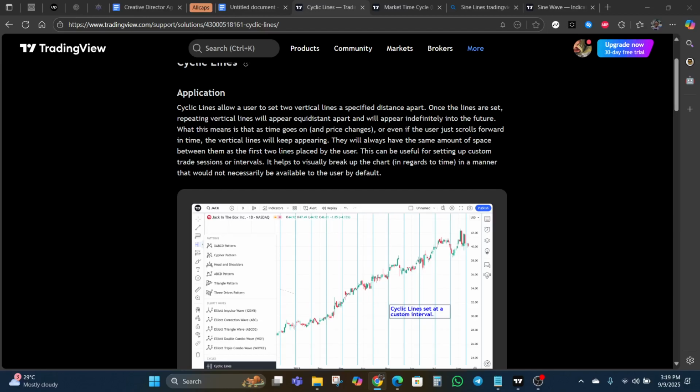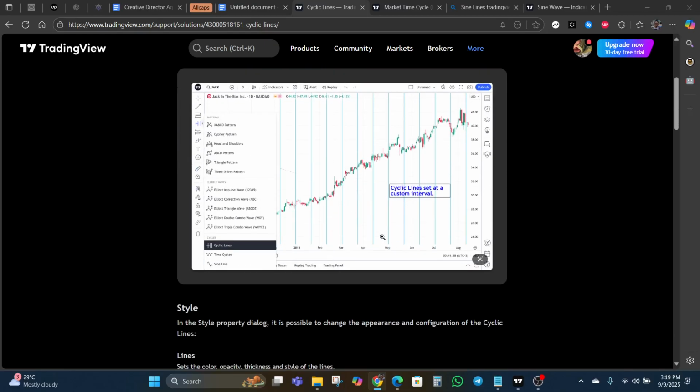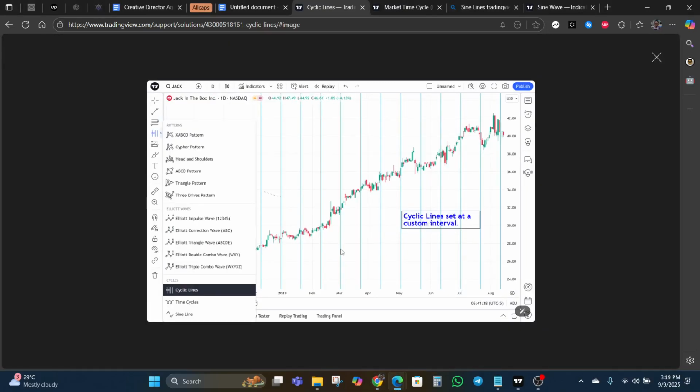Okay, so basically you are seeing that it's a repeatable price pattern, based on time, over time, right? So by marking cycles, traders can anticipate potential highs, lows, and trend reversals. For example, if a certain pattern repeats every 20 days, cyclic lines help highlight the next expected occurrence. Imagine if you have noticed a particular pattern that shows up every 20 days.